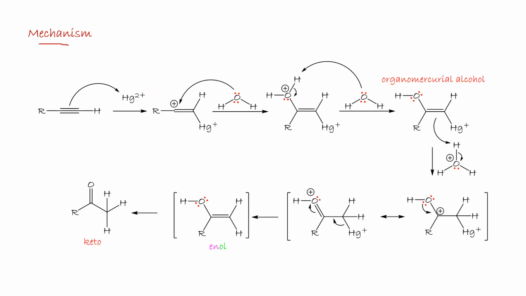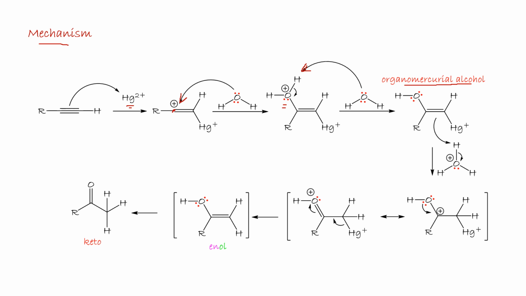Mechanism: the alkyne will attack on the mercuric ion first, to form vinyl carbocation, nucleophilic attack by a molecule of water, oxonium ion, followed by deprotonation to form vinyl alcohol, organomercurial alcohol.